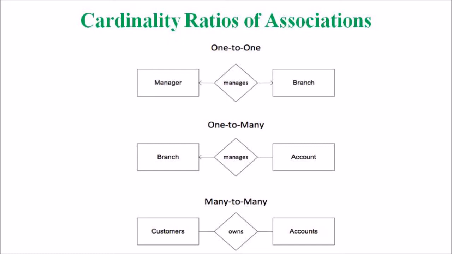The second is one-to-many association: a single object of class A is associated with many objects of class B. That is, one object is associated with more than one object. The third is many-to-many. An object of class A may be associated with many objects of class B, and conversely, an object of class B may be associated with many objects of class A. So this relation is known as many-to-many relation. This is the cardinality ratio relating to association.